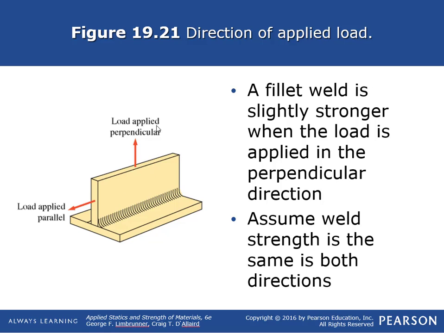I think your textbook says that in the perpendicular direction it's about 1.3 times as strong as the parallel direction. So if you have a lap joint that has linear inches of welds in both the perpendicular direction and the parallel direction, just add them all up together. So assume the weld strength is the same in both directions.